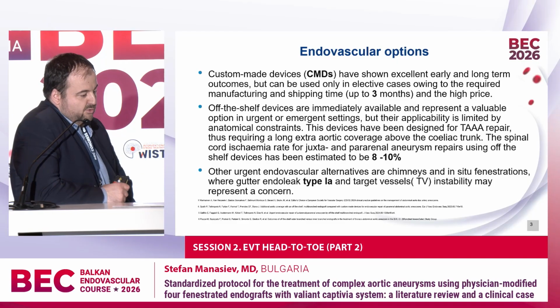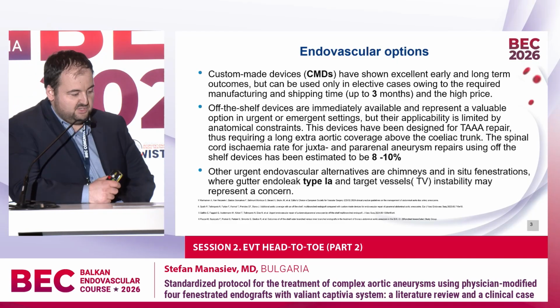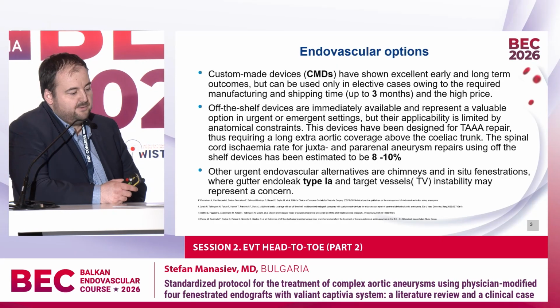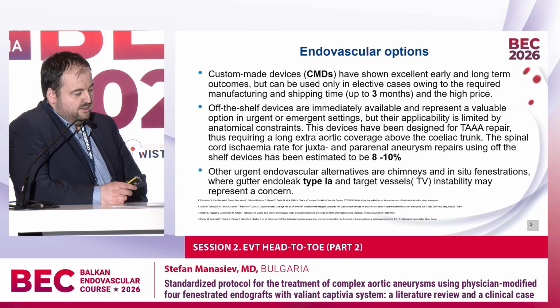Also, the spinal cord ischemia rate for juxta and pararenal aneurysm repair using off-the-shelf devices has been estimated up to 10%. Other urgent endovascular alternatives are chimney and in situ fenestrations, where gutter endoleak type 1 and target vessel instability may cause a concern.